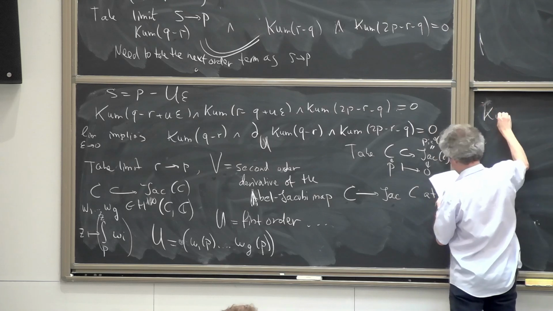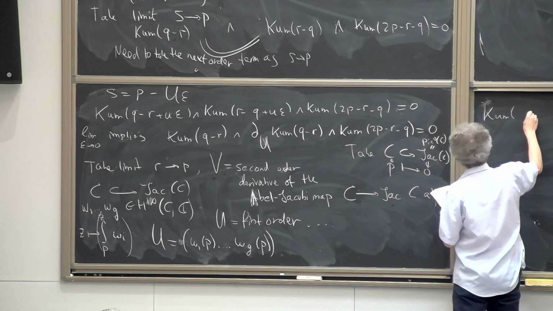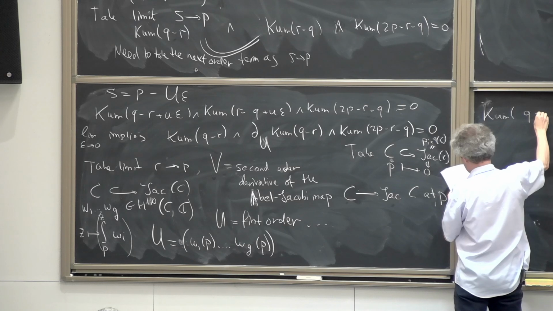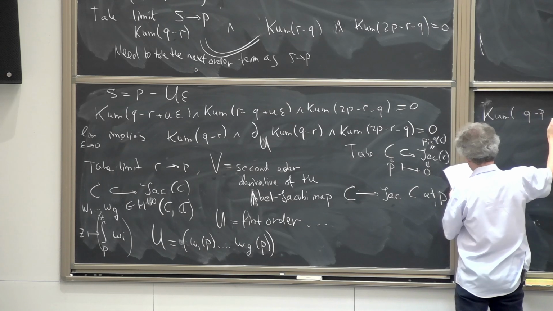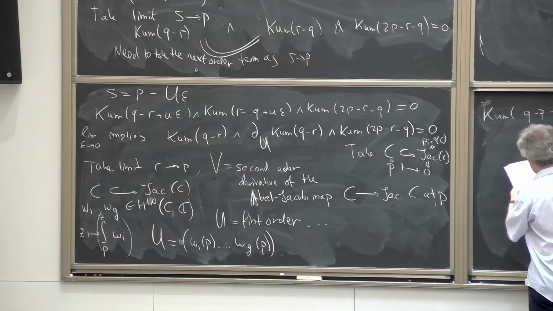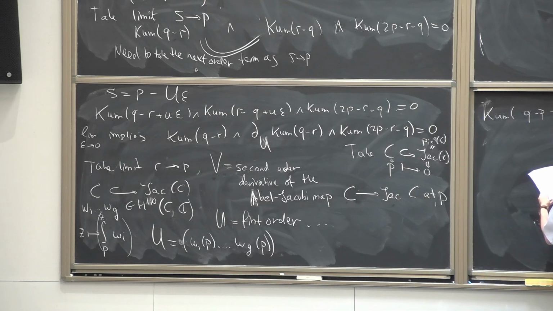Okay, so if I do that, what I get is something like this. So I get the Kummer image of Q minus P minus U epsilon minus V epsilon squared. I'm computing honestly the expansions you're going to get here.